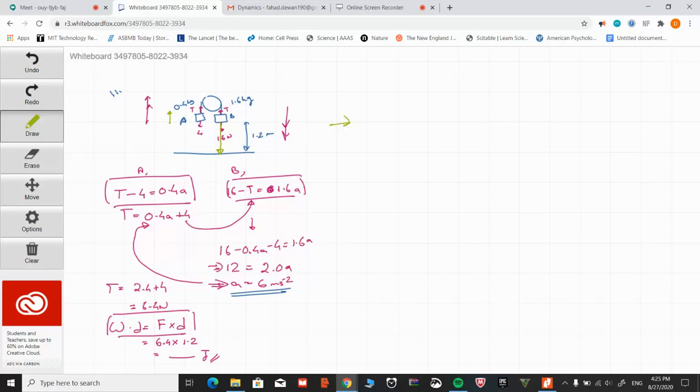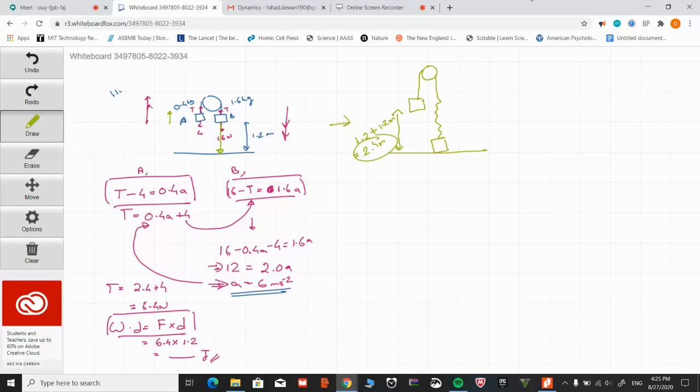Meaning, at the moment the heavier particle just hits the ground and the string goes slack, particle A, the lighter particle, is now 1.2 plus an additional 1.2, which is 2.4 meters from the ground. Does that make sense? So it was already 1.2 meters. Now, thanks to B moving down, A has also gone up by 1.2 meters.